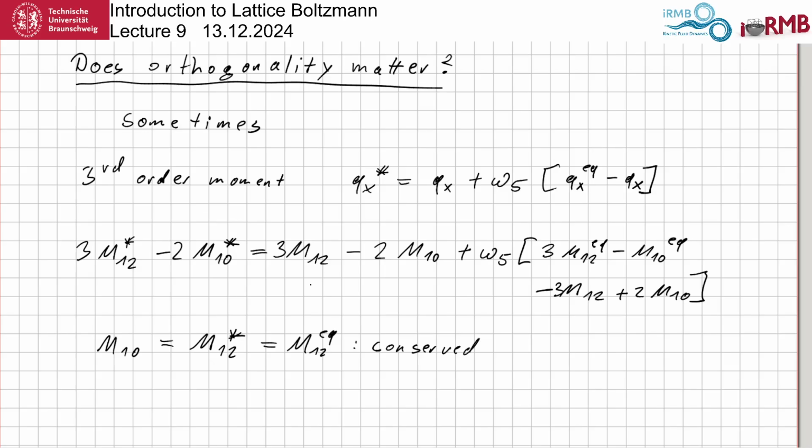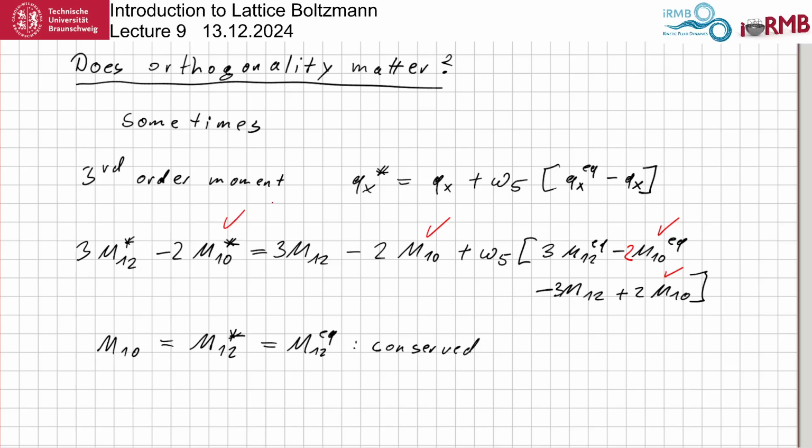So if they are conserved, what you recognize very easily is you have the same guy here as you have here. Oh, no, you don't, because there's a 2 missing. So you have the same guy here as you have here. So they will all eliminate each other.